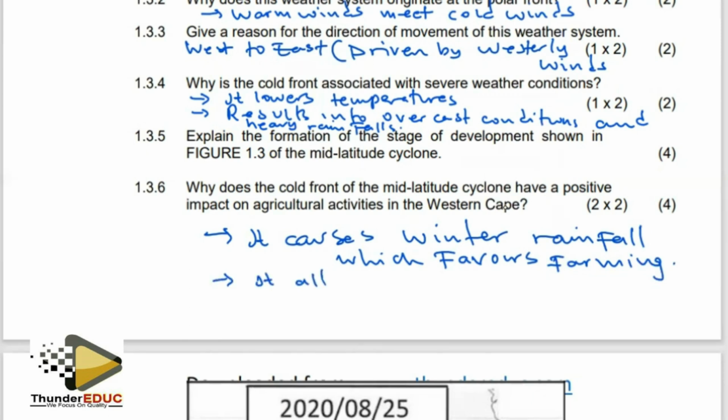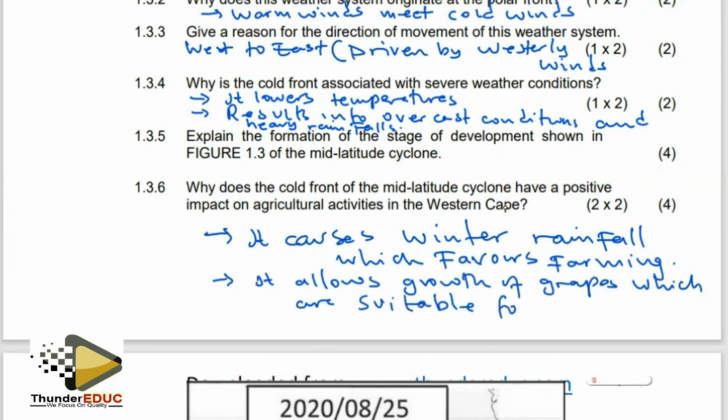It allows growth of grapes, which are suitable for cold conditions. Okay.